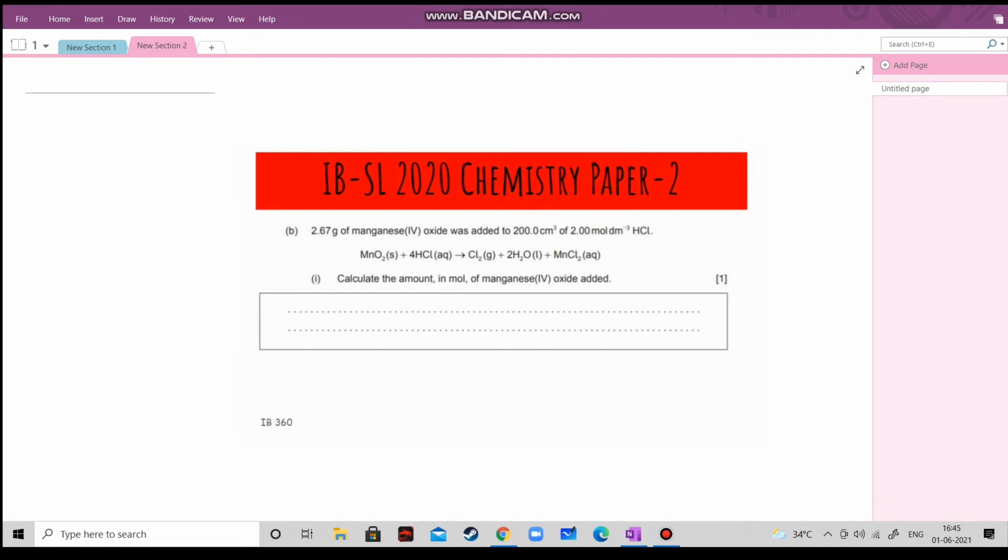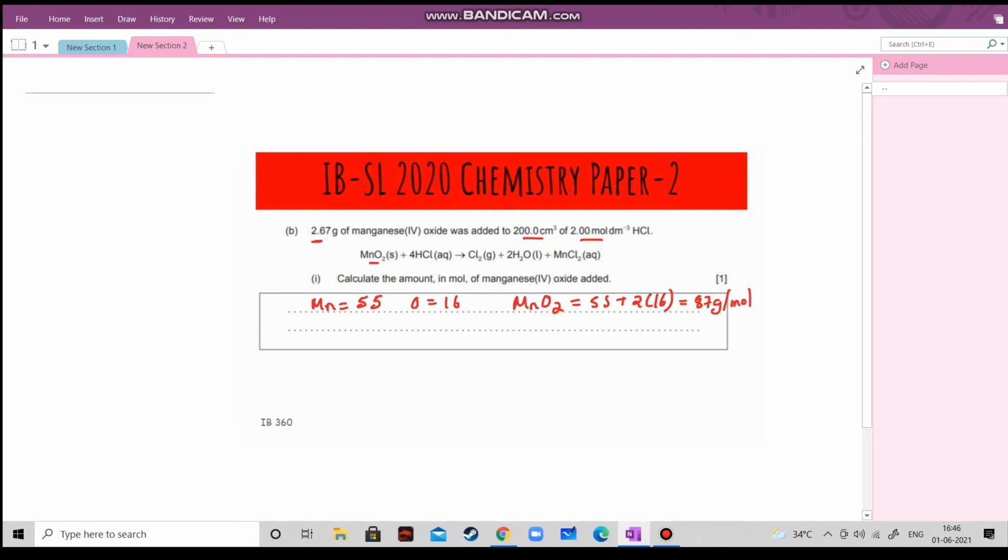Moving on to part B, here we have 2.67 grams of manganese oxide that is added to 200 centimeter cube of 2 mole per decimeter cube HCl. Calculate the amount in mole of manganese(IV) oxide. So molar mass of Mn is basically 55 and molar mass of oxygen is 16. So the molar mass of MnO2 is 55 plus 2 times 16, which comes out to be 87 grams per mole.